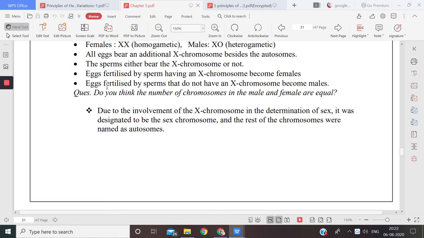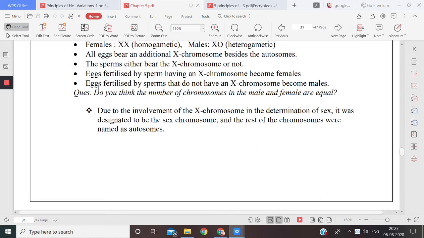But if the eggs are fertilized by sperms which do not have X, that means by this O, then the two gametes fuse and the combination will be XO type, so it will be a male.